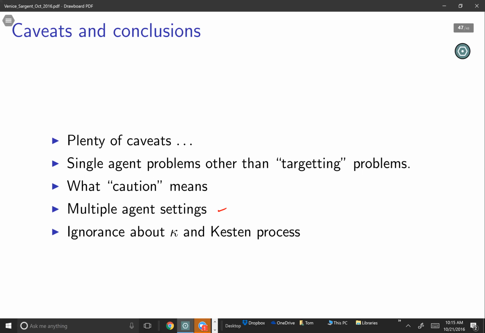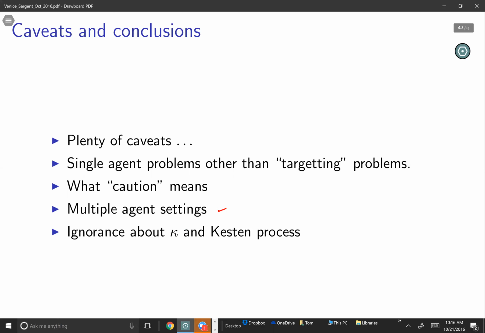Well, in multiple agent models, there are multiple agents doing this, perhaps, and they have to have a view about what other agents are doing. So the common knowledge or rational expectations assumption that prevails throughout modern macroeconomics and microeconomics has to be adapted to comprehend situations in which agents doubt models.